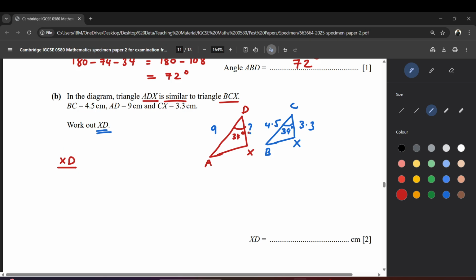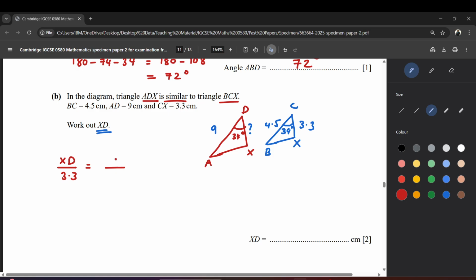So XD divided by 3.3 is equal to, now you can pick the second pair of corresponding sides, because the value at the numerator has been taken from the first triangle.